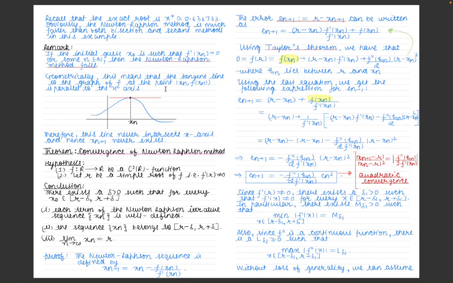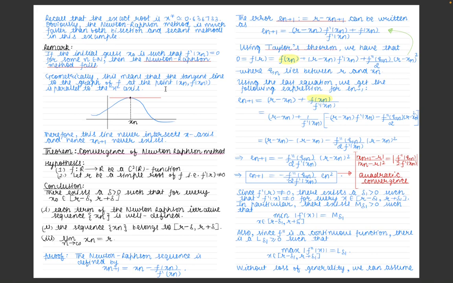And it will be R minus xn minus R minus xn minus f double prime zeta n by 2 f prime xn times R minus xn squared, right?